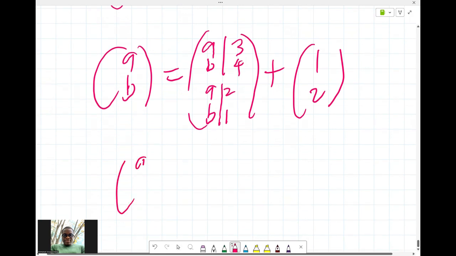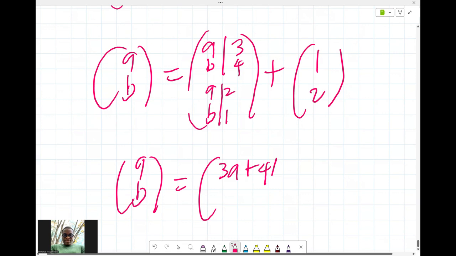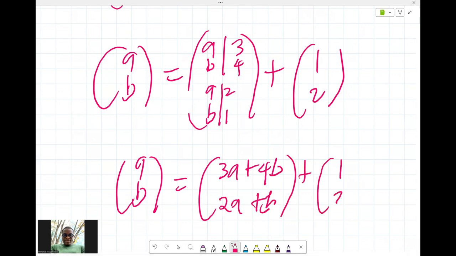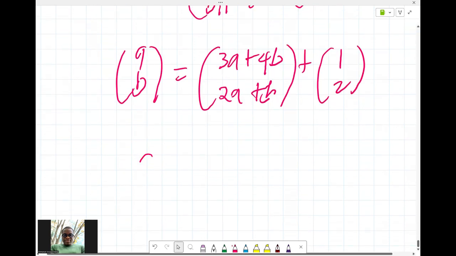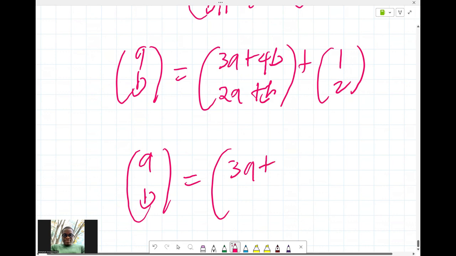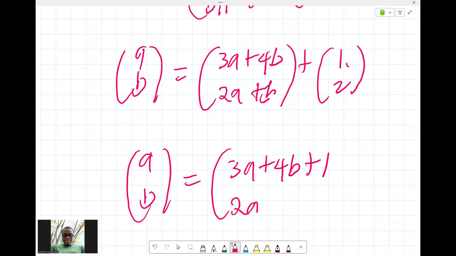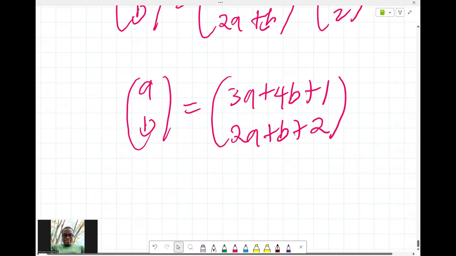So this is ab equals 3a plus 4b, and 2a plus b, then plus 1, 2. So this is still ab equals 3a plus 4b plus 1, then 2a plus b plus 2. So we have this tidied up.